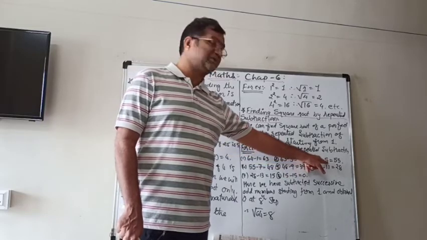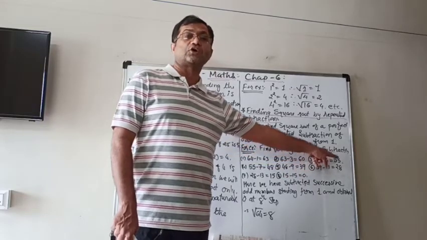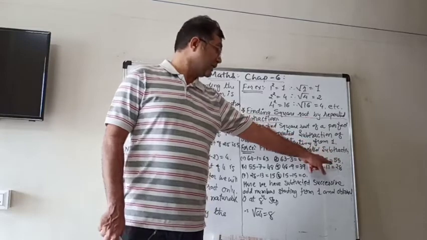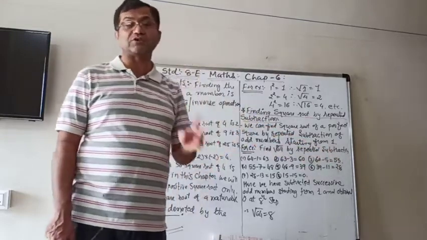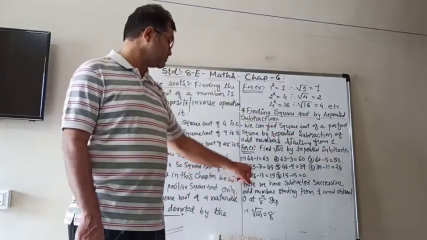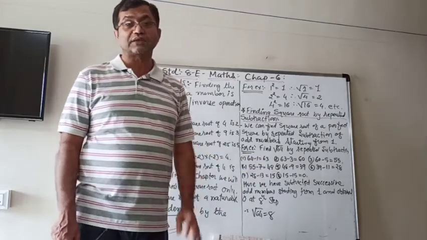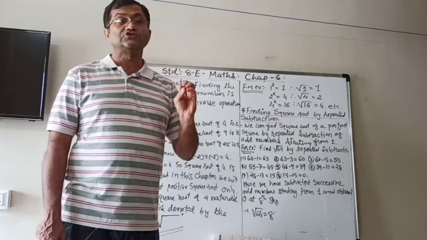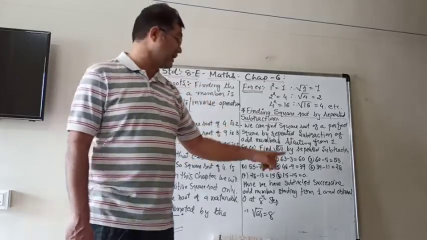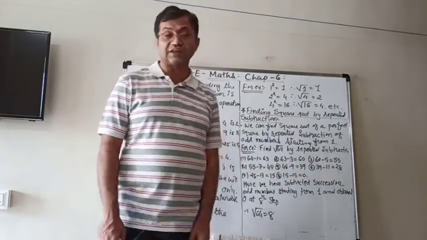Then subtracted 5 and got 55. After 5 we subtract 7 because the next odd number is 7. So 55 minus 7 is 48. After 7 there is 9. So 48 minus 9, I got 39.